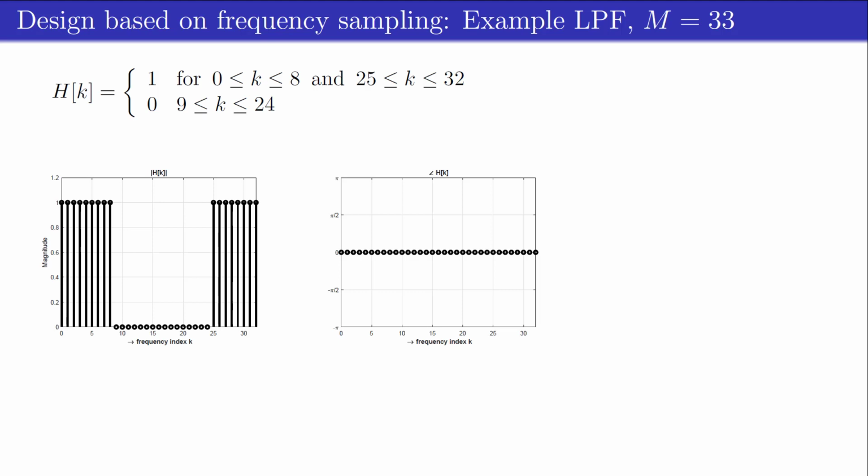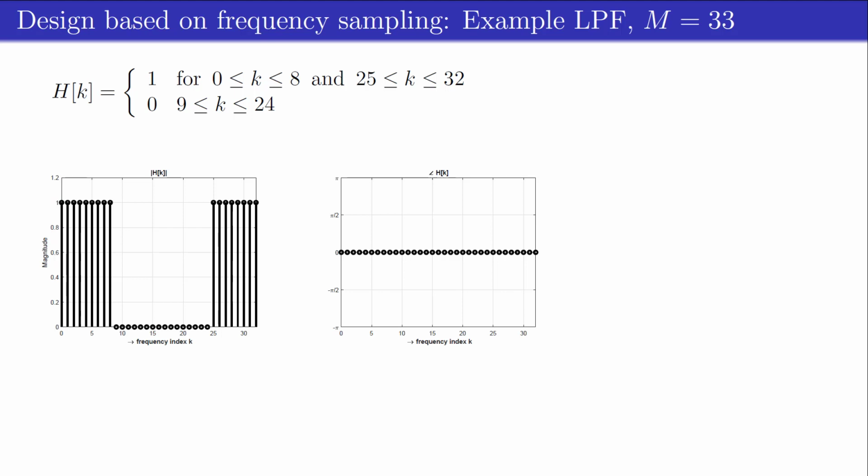Thus, we use a 33-point DFT and we define the DFT coefficients H[k] equal to 1 for indices in the range k is 0 until k is 8 and k is 25 until k is M-1 is 32, and H[k] is equal to 0 for all other indices k. The phase is 0 for all indices k.